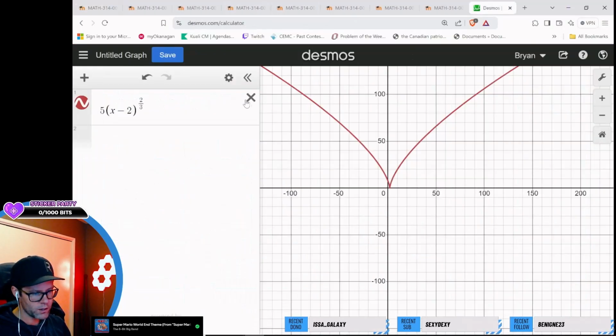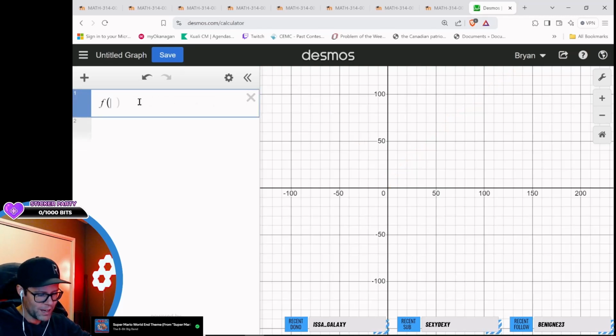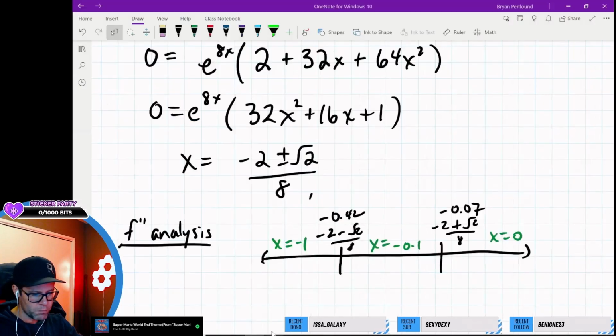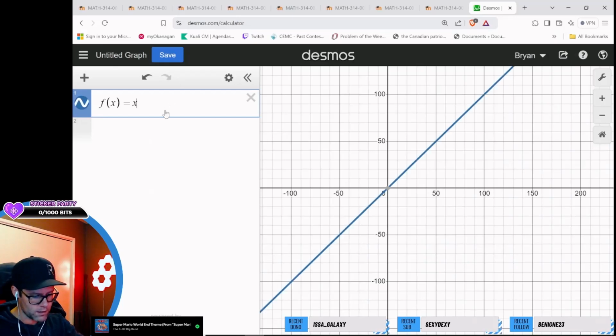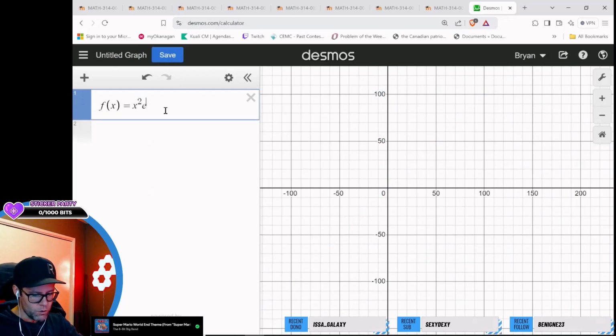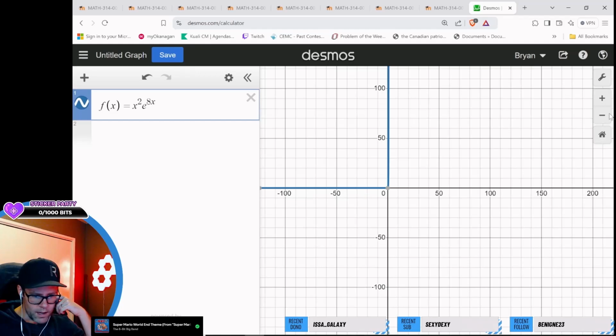I don't particularly want to do that on my calculator, so I'm going to use Desmos to help me out here a little bit. Let's go ahead and plug our original function in, which is x squared e to the 8x. So x squared e to the 8x. Yikes.